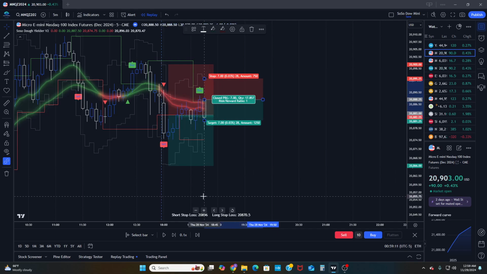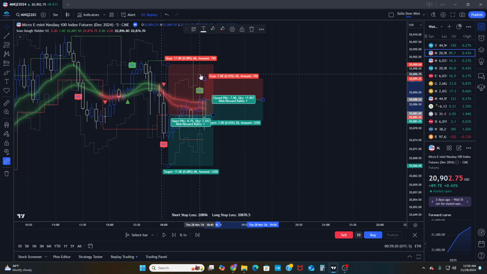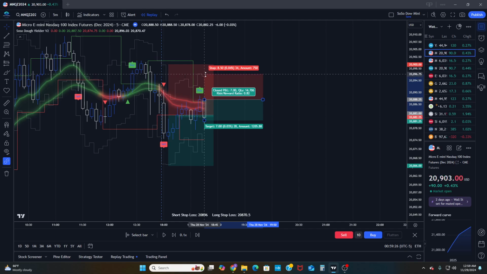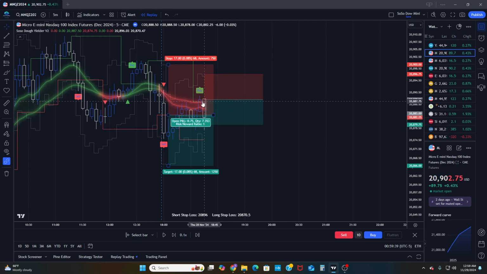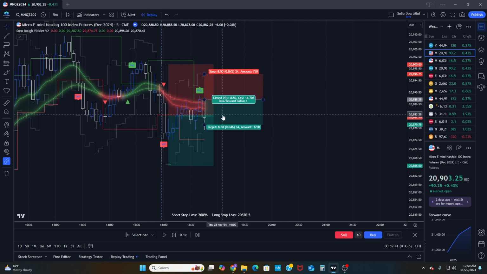On a B trade, your stop loss line is above the candle that you entered on. So this level here at 20,898.9675 would be the stop loss. So you're looking at 8.5 points. See, so that one candle completed that trade.